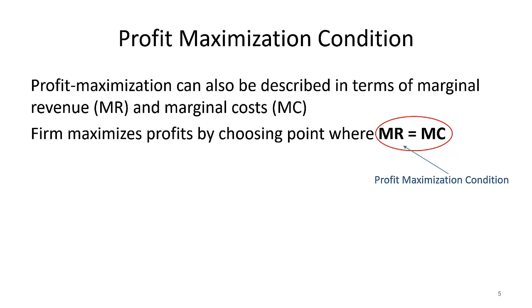You'll do it if and only if that barista is also bringing in at least $20 in revenue, because your cost just went up by $20. So it only makes sense to hire that person if they bring in at least an additional $20 of revenue, so you can at least break even. That additional revenue is called marginal revenue, and that additional cost for the barista is the marginal cost.